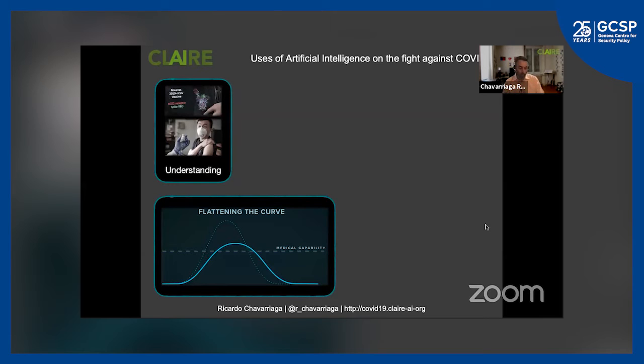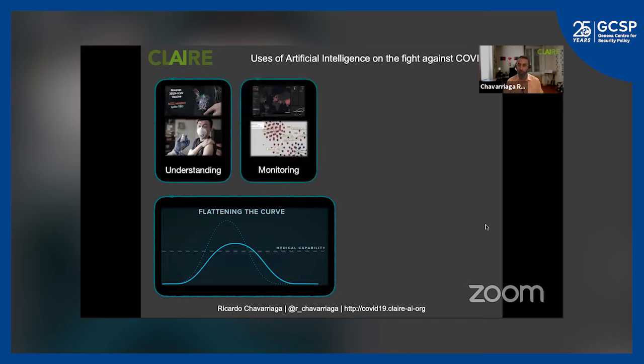Once we have this understanding as one of the main axes of study, another line of applications of artificial intelligence is monitoring the spread of the pandemic, initially as an outbreak.